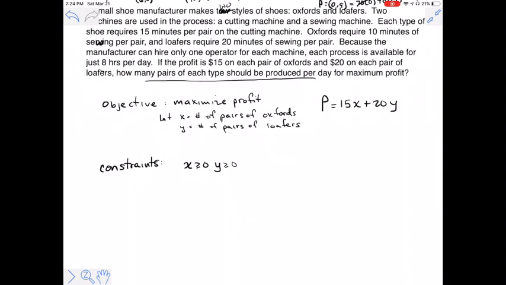And then we can make an equation that describes cutting, not an equation, an inequality. We can make an inequality that describes sewing. And then we can make an inequality for, what do we want to call this? The amount of time, or what should we call this?